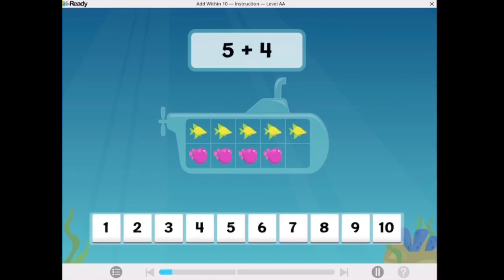Now let's count and see how many we have in all. 1, 2, 3, 4, 5, 6, 7, 8, 9. There should be 9 fish inside of the submarine 10 frame. So therefore, 5 plus 4 is equal to 9. Good.